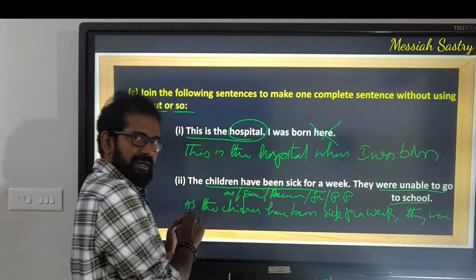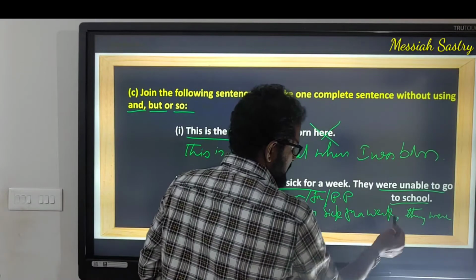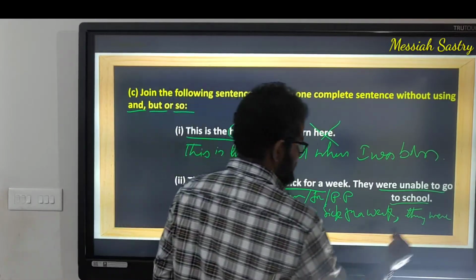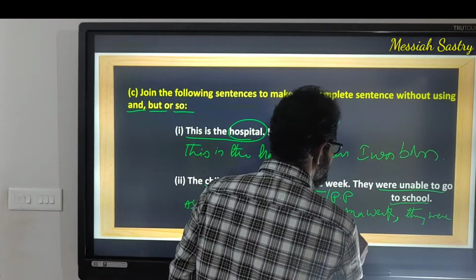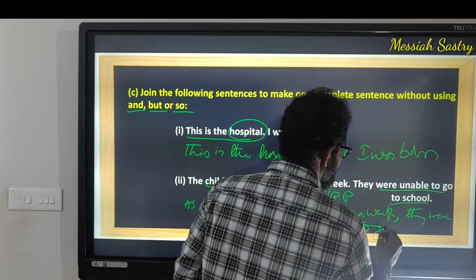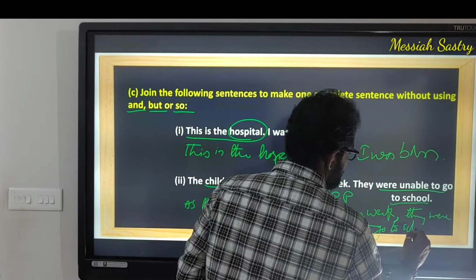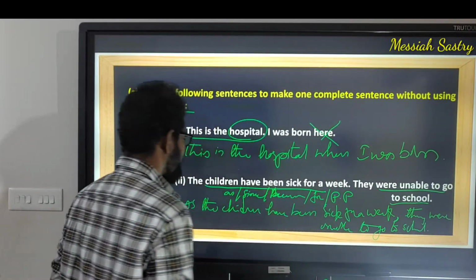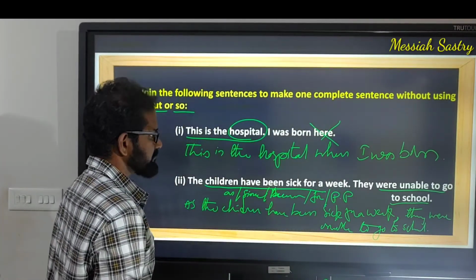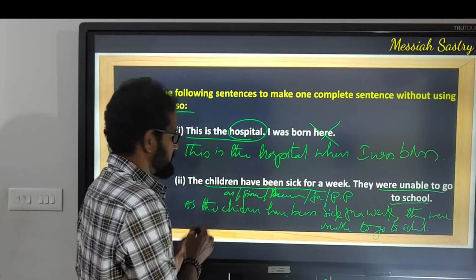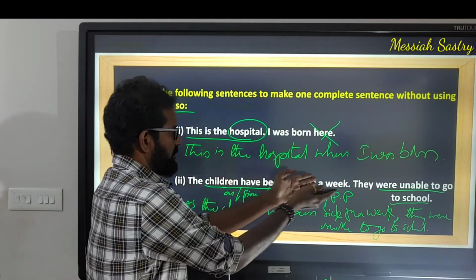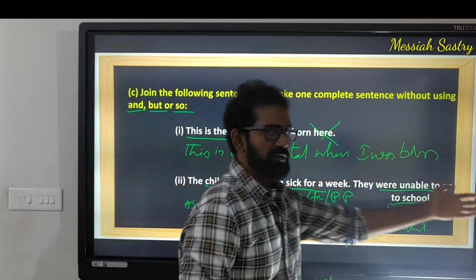When you use a subordinating conjunction, we need to use a comma between the two clauses. We can also use since. Since the children have been sick for a week, they were unable to go to school.